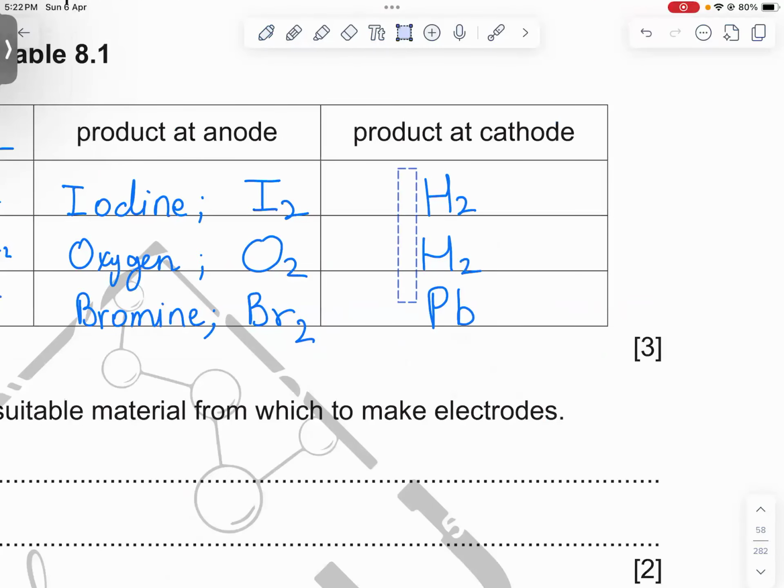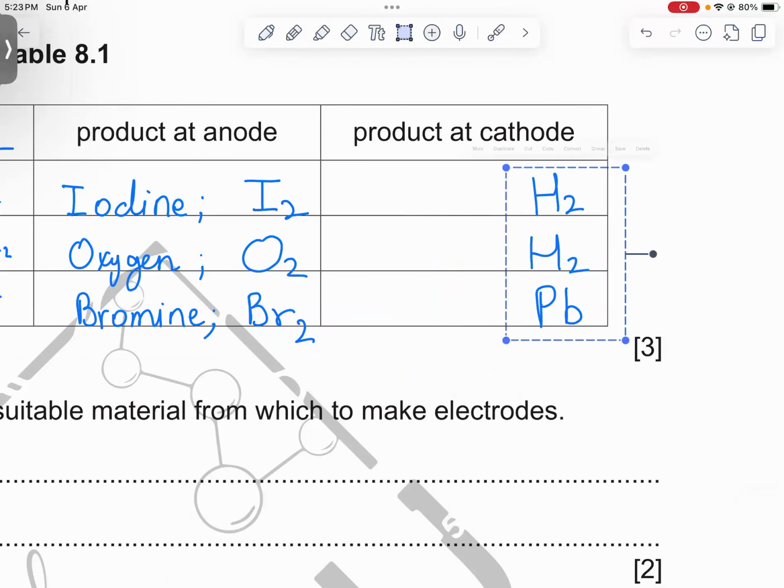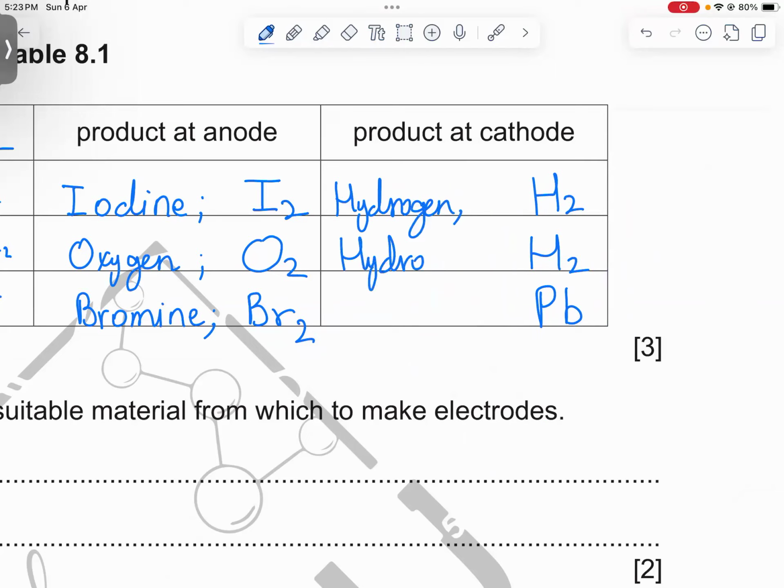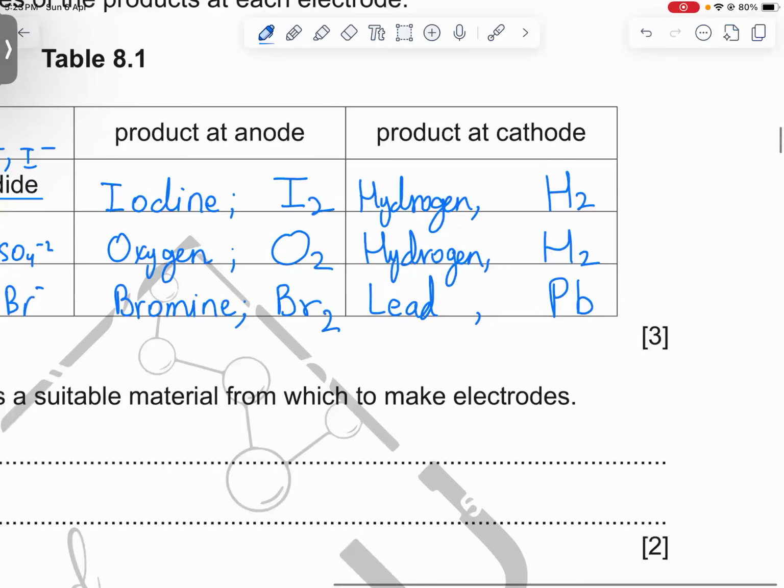And then for these, we can also write the names. Hydrogen, hydrogen, lead. All right. I hope this makes sense.